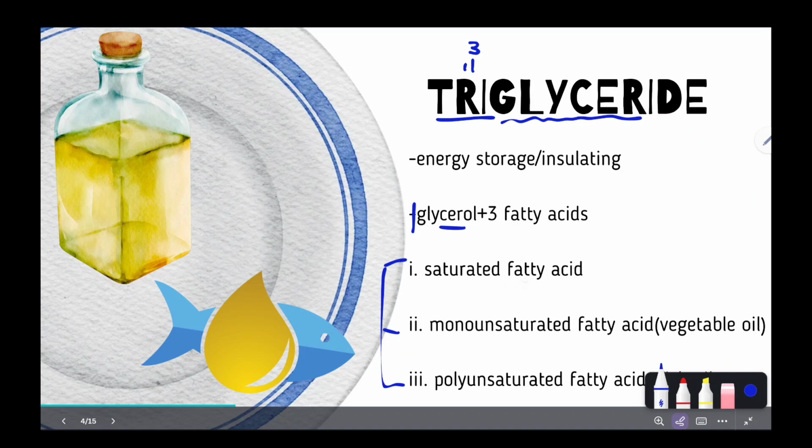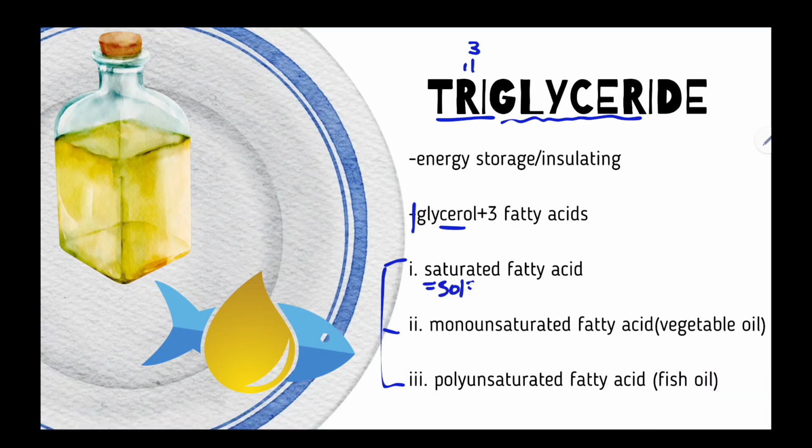First is saturated fatty acids, which means solid fats. Second is monounsaturated fatty acid. So mono means one and un means no, which means not solid one fat. These are common vegetable oils, like these.